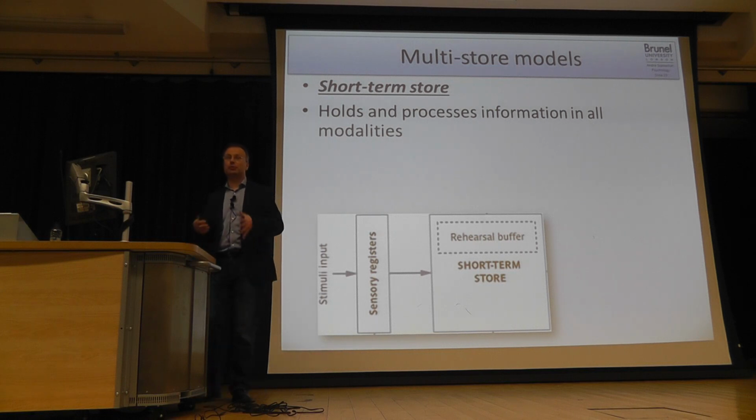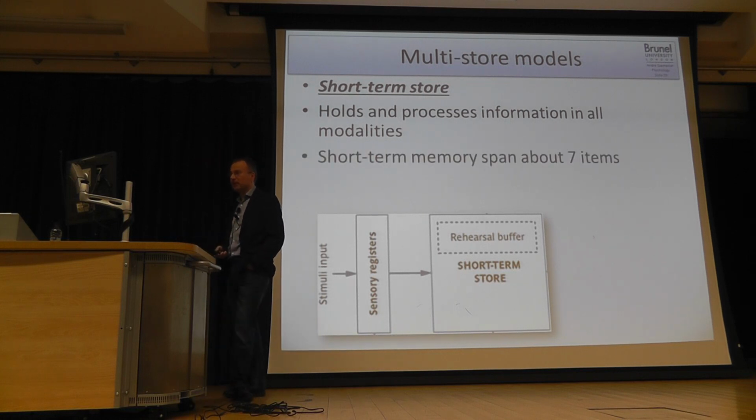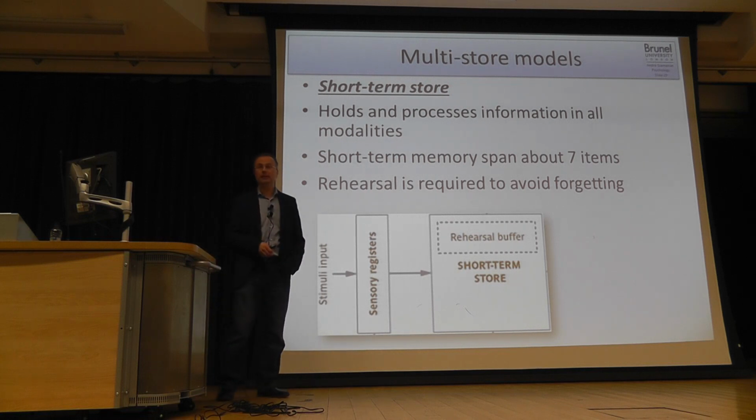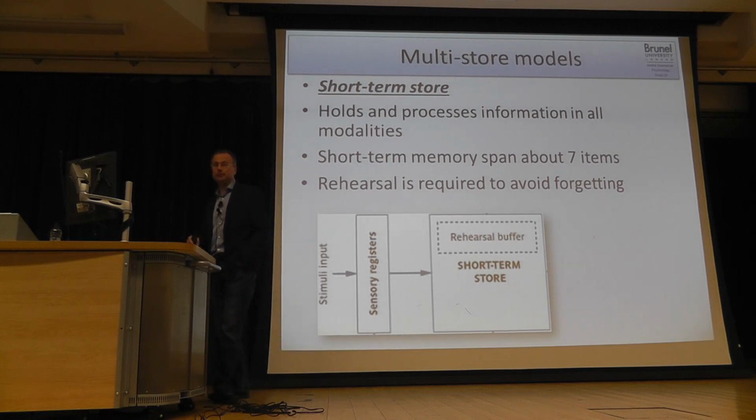It holds and processes information of visual, auditory, tactile nature. They defined the short-term memory span around 7 items and probably based that on the results of Miller as well. And they proposed that rehearsal is required to avoid forgetting. If we don't rehearse, memory content will fade away and we forget it.